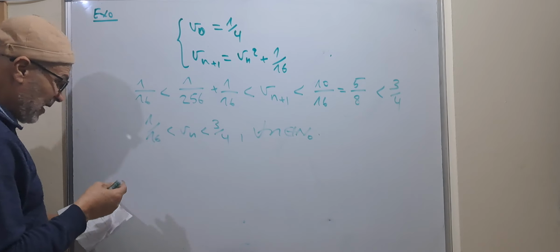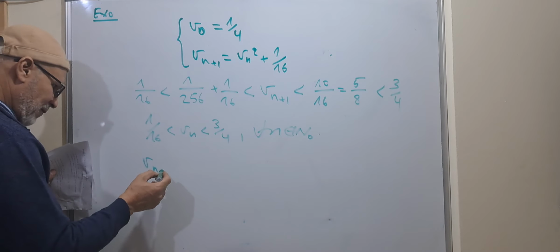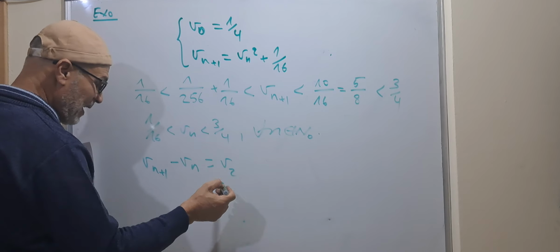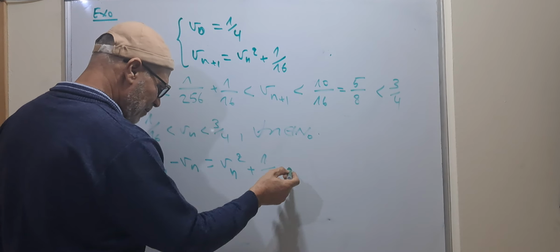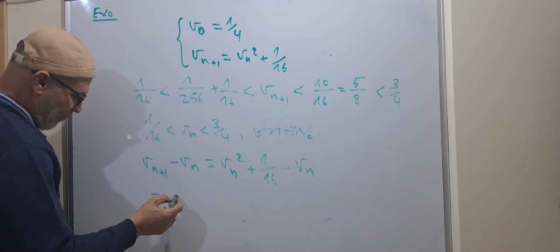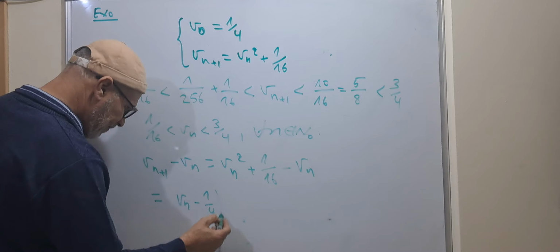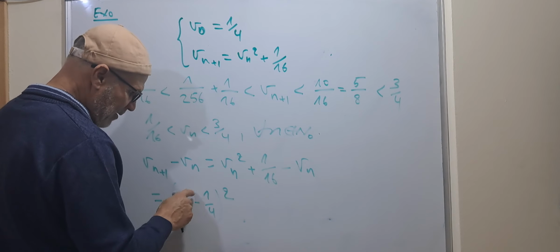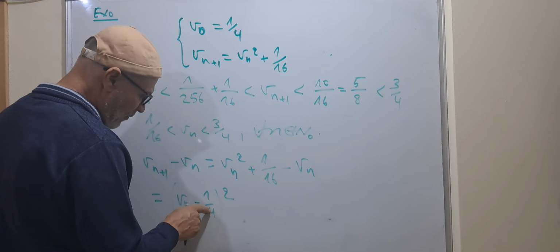What is the monotony of Vn? To deal with this question, we consider Vn plus 1 minus Vn, which is equal to Vn square plus 1 over 16 minus Vn, which is equal to Vn square minus 2 over 4 Vn.